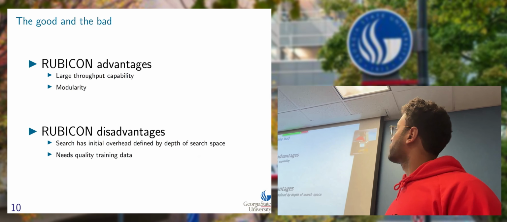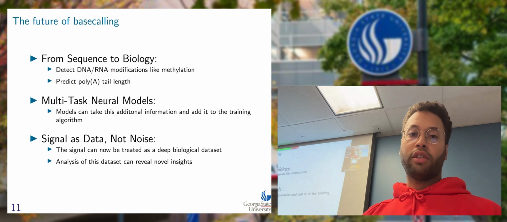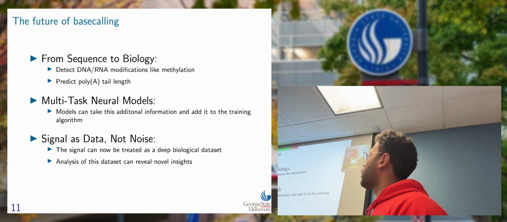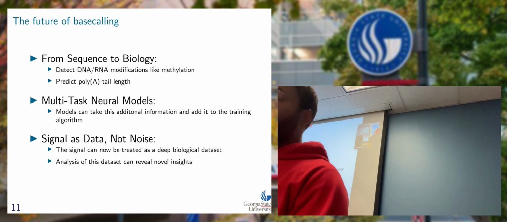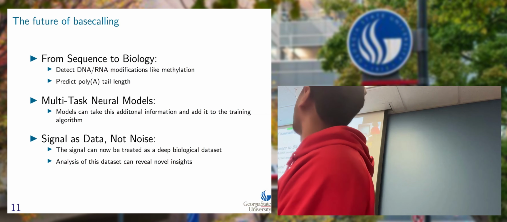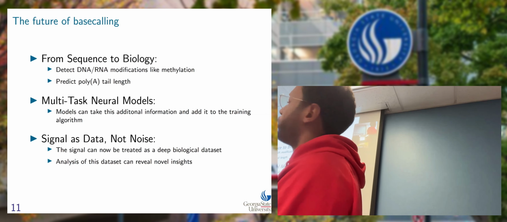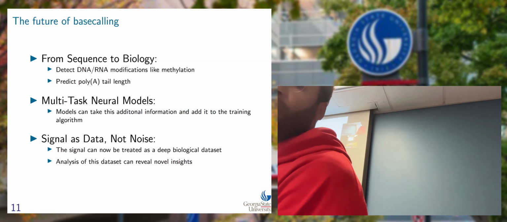Well, those are my advantages and disadvantages, but I want to move forward and talk about what's going to happen in the future, right? I reviewed another paper which gets into more of the future of what we can do with Basecalling.